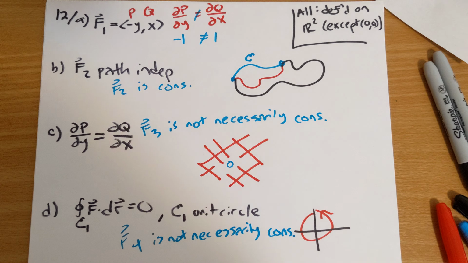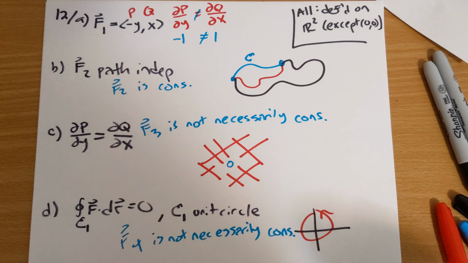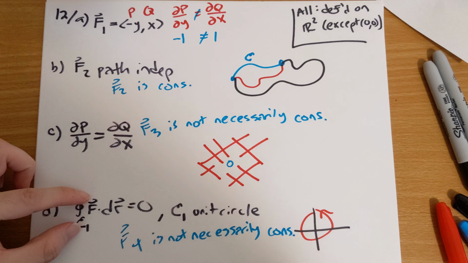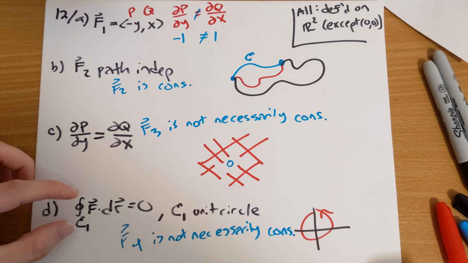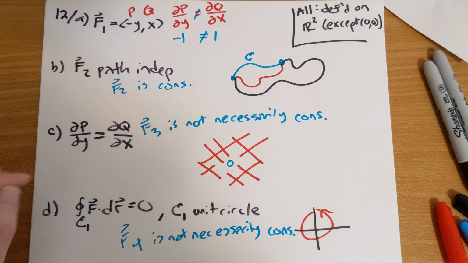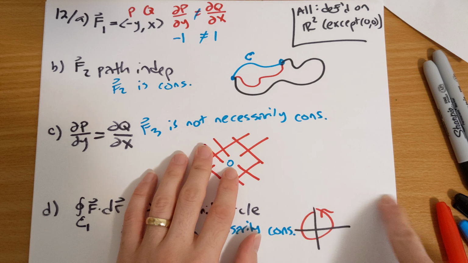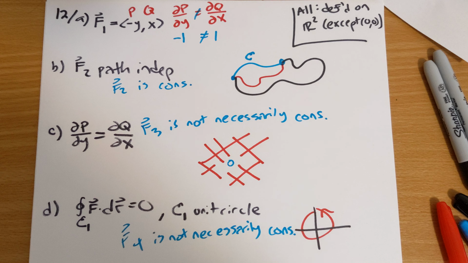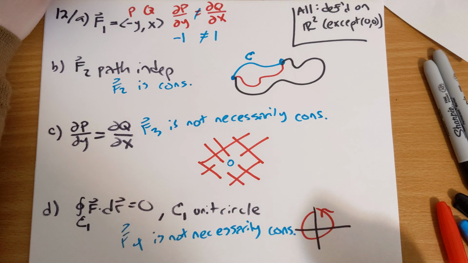Why is that? We're not told that the line integral around every closed loop is 0. It may happen that just by dumb luck the line integral around this closed loop is 0, but it doesn't say for this closed loop or this closed loop or this closed loop or any closed loop that we come up with. We're only told this for one particular closed loop.